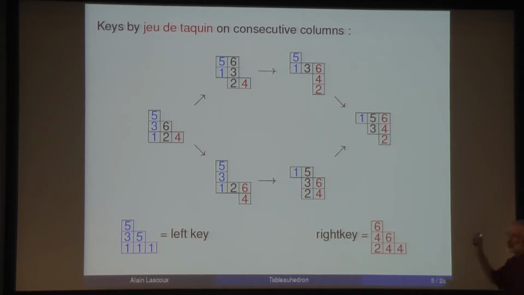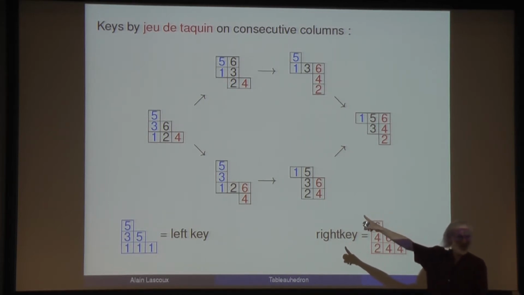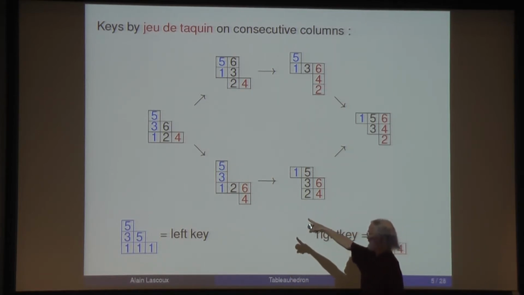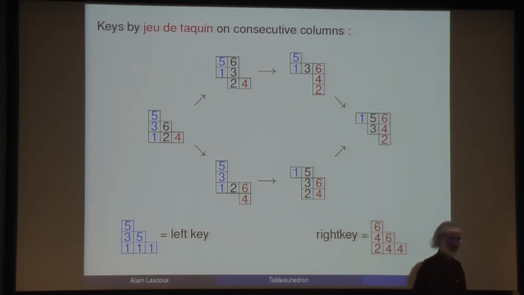You take two columns of the tableau, and by the jeu de taquin, you exchange the two lengths. So the first move, well, here, we pass from 6 to 4 to 6, 3 to 4. Sorry, it's down. So the two last columns, I take 6, 2, and 4, and I obtain 2, 6, 4. Okay? By pushing in the only possible way which preserves the increasing condition in rows and columns.